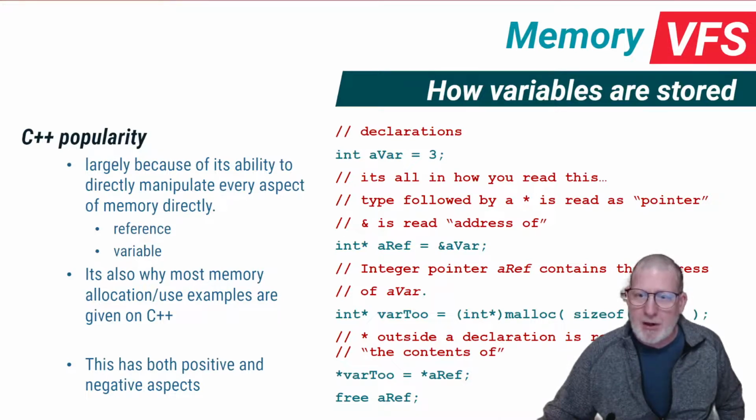And you read the star in front of things as the contents of. So the contents of a variable 2 equals the contents of a reference. And then we would use free to free that memory up again. The memory that it was allocated, right? Okay. That's doing the same operation that the garbage collector does.